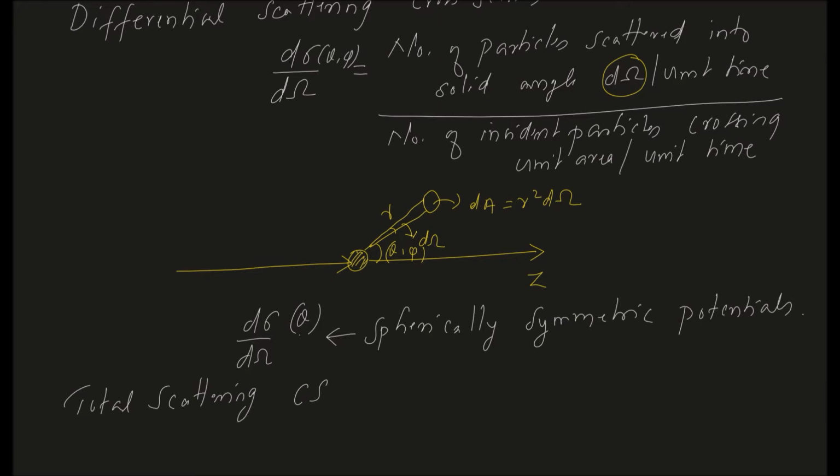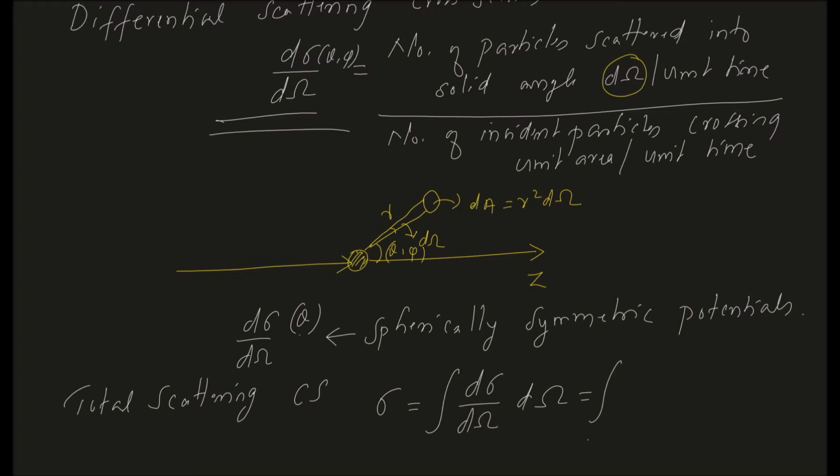The total scattering cross section sigma is obtained by integrating d sigma by d omega over the solid angle d omega.